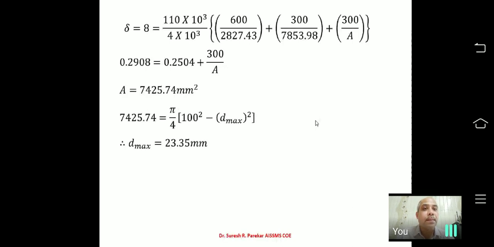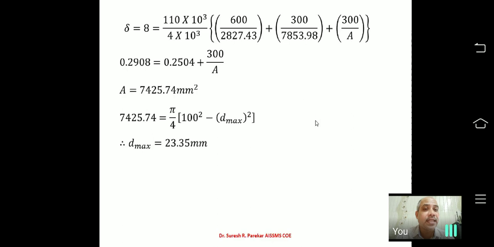So try to understand, the concept is the same. The formula I have used is the same. Only in this one I have to determine the hole diameter. Yesterday the depth was given, that is B by 4 of that plate.